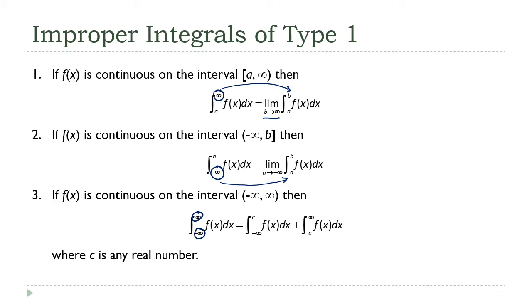It doesn't matter what that point is, and you'll see as we get into some examples. Pick a point that makes the substitution into the antiderivative easy. So essentially, we're going to pick a c, any real number, and split the integral: negative infinity up to c, we treat like case 2, and c up to positive infinity, we treat like case 1.